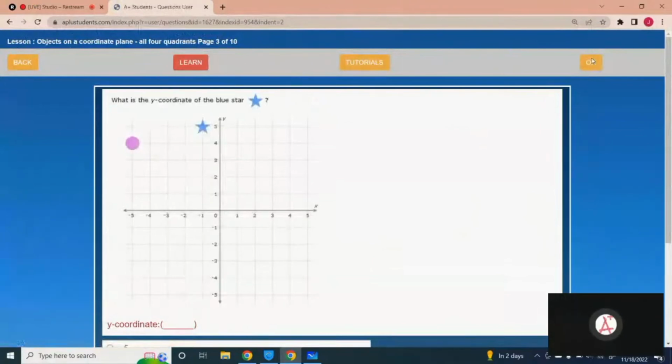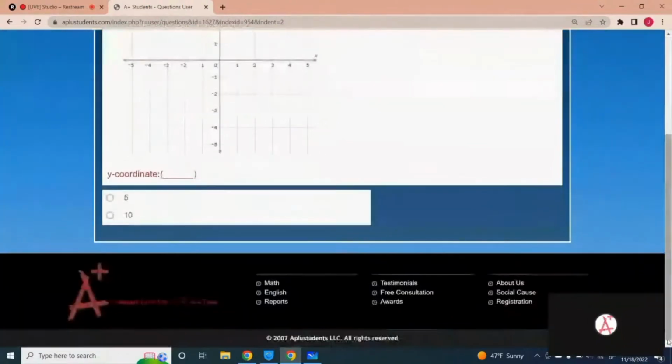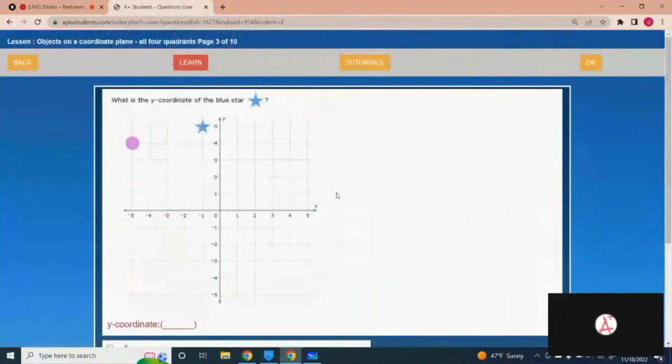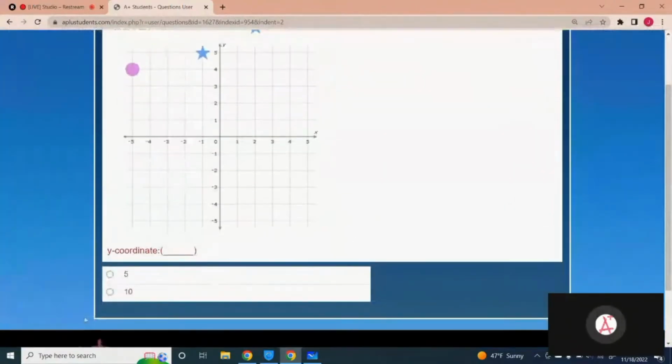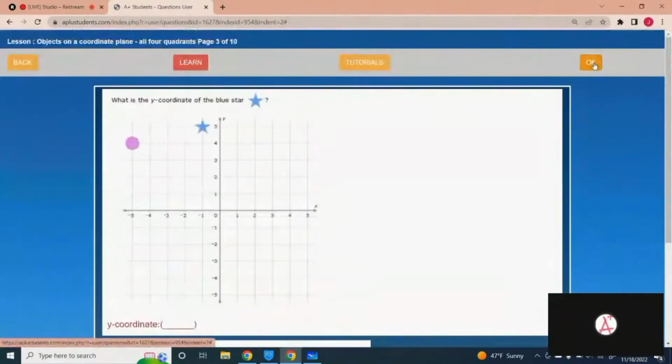Okay, the next one is what is the y coordinate of the blue star? Here is the blue star. So the y coordinate of the blue star is 5. Just select the correct option, then click on the OK button.